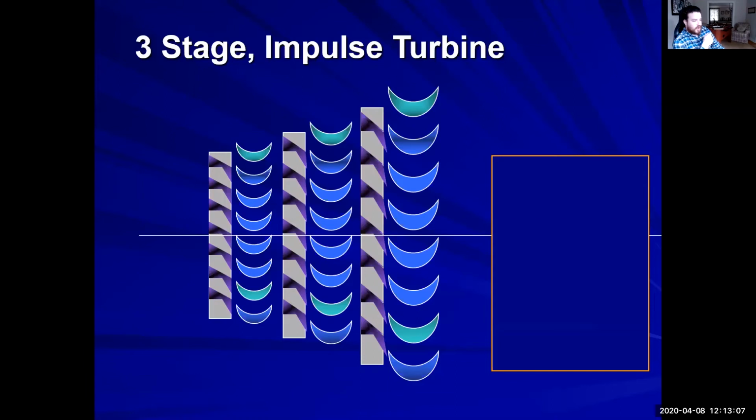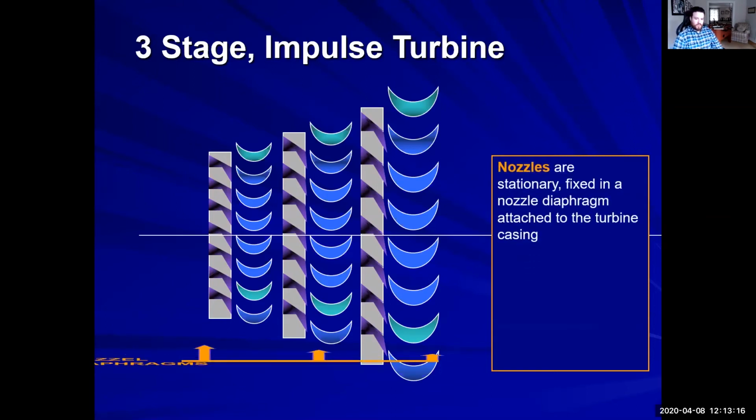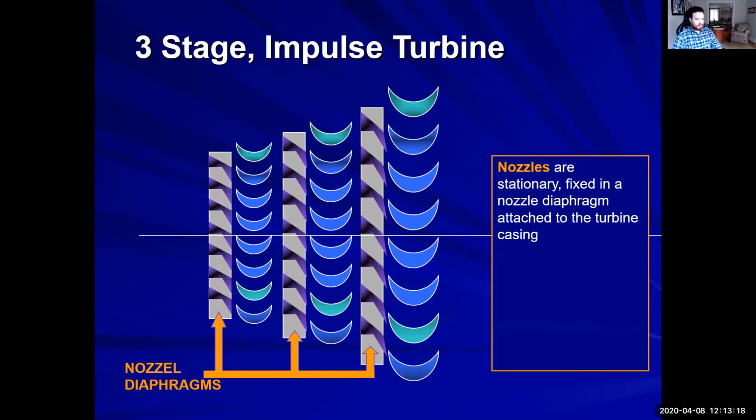So this is our high pressure turbine. We have a 3-stage impulse turbine. We have nozzles, and the nozzles are stationary. They're fixed in a nozzle diaphragm attached to the turbine casing. These purple pieces right here are all our nozzles.